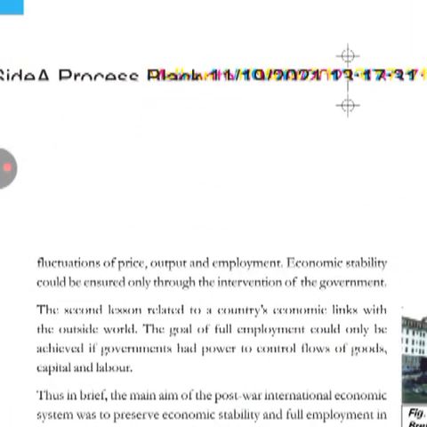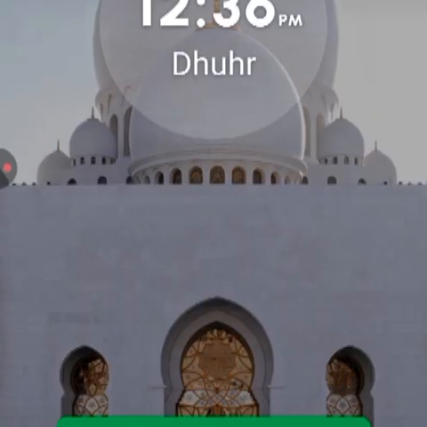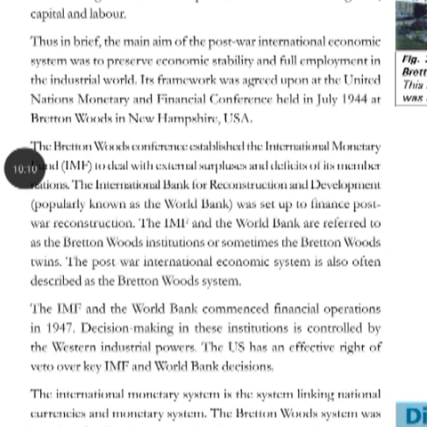The goal of full employment could only be achieved if the government had the power to control the flow of goods, capital, and labor. And here, any country could not depend heavily on imports and exports.